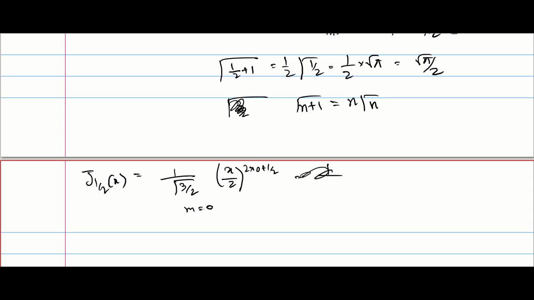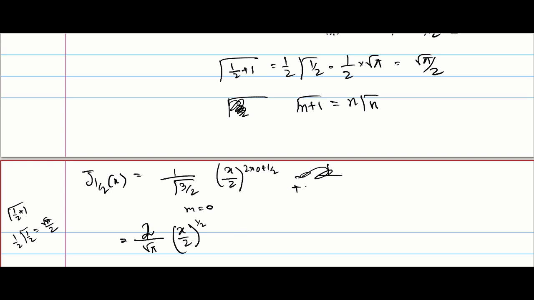It would be gamma, what is gamma 3/2? It's 1 plus 1 times half, it's root pi by 2 as written here, so it's root pi into 2, times (x/2) to the power half.